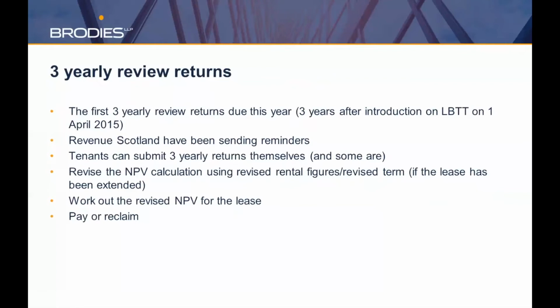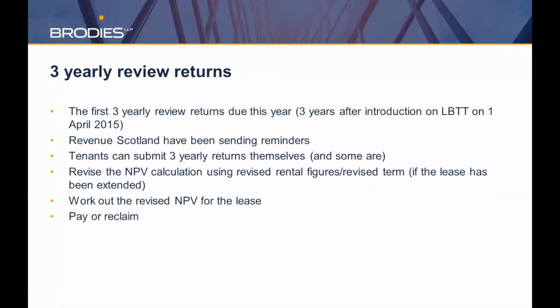So what's the review return about? Well, it's about revising the MPV calculation using revised rental figures, depending on what the actual rent paid is compared to the estimated rent. So when you do the first return, you estimate the rent.